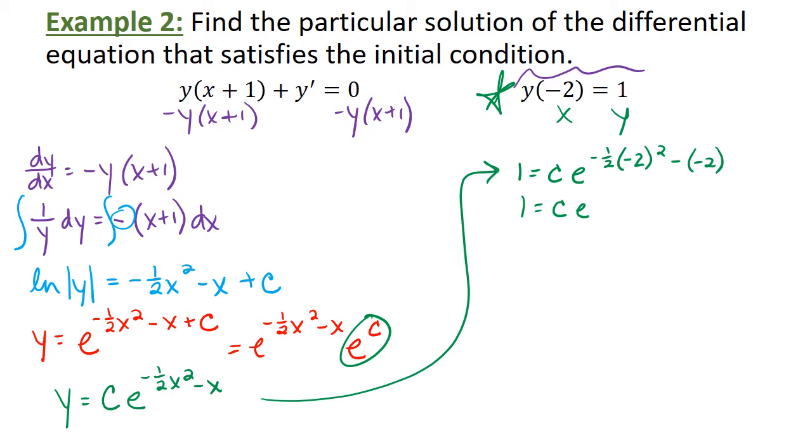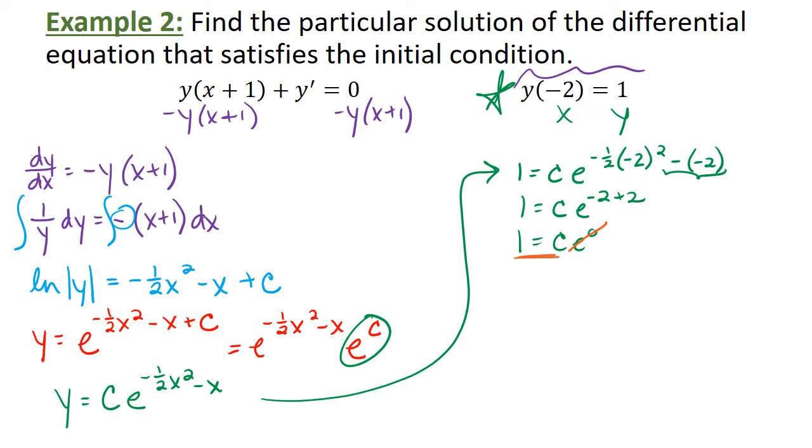So simplifying this here, this gives me a positive 4 times a negative 1/2. That gives me a negative 2. This gives me plus 2. So I have 1 equals c e to the power of 0. Remember, anything to the power of 0 is just 1. So I have found that 1 is equal to c.